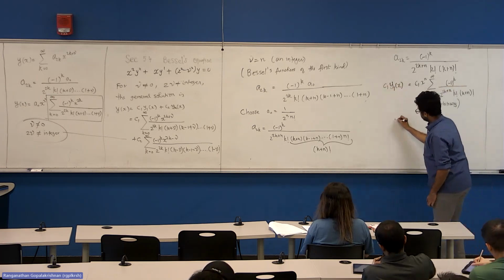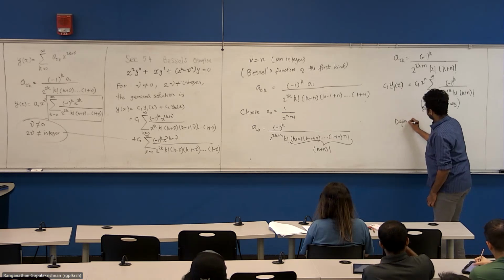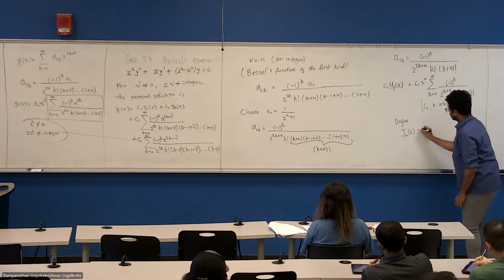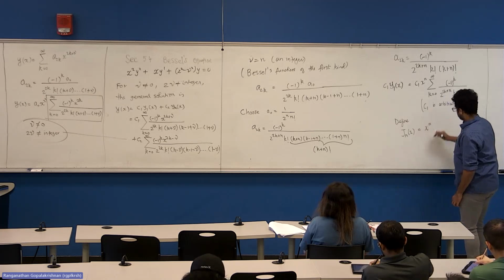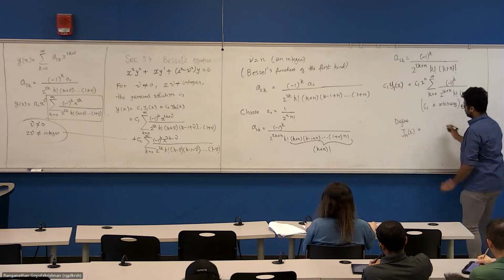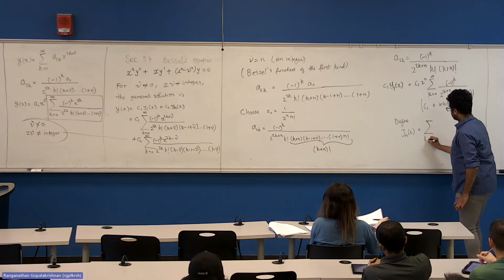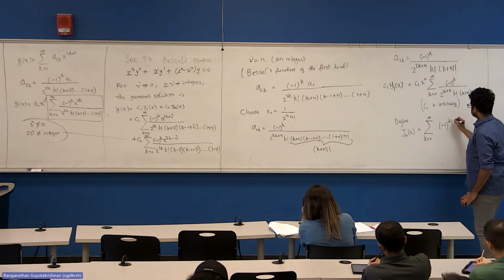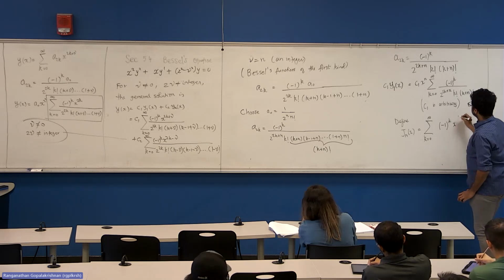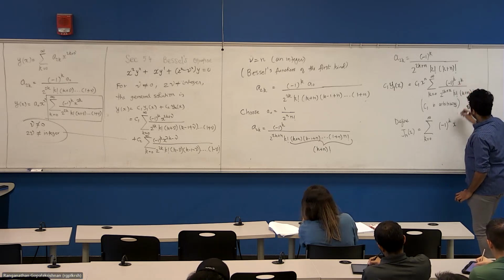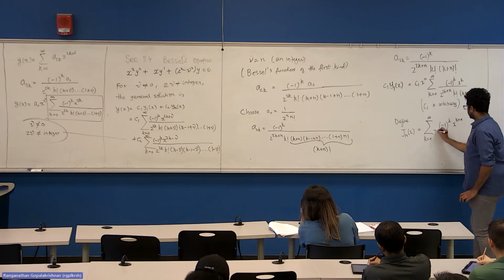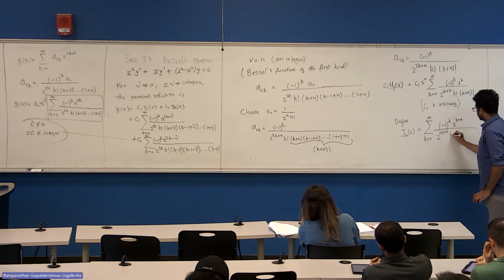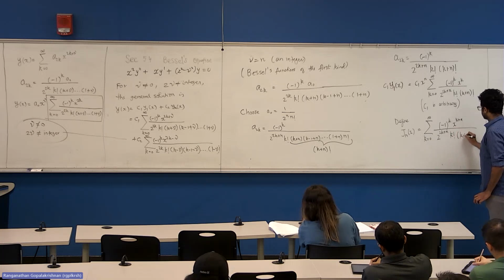So I'm going to say define J_n of x, Bessel's function of order n, to be x power n, or I can write summation k equals 0 to infinity, minus 1 power k times x power 2k plus n, divided by 2 power 2k plus n, k factorial, k plus n factorial.